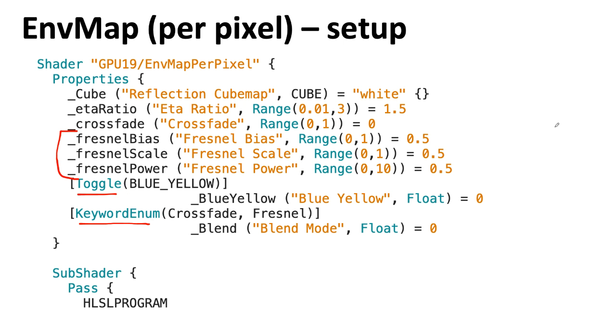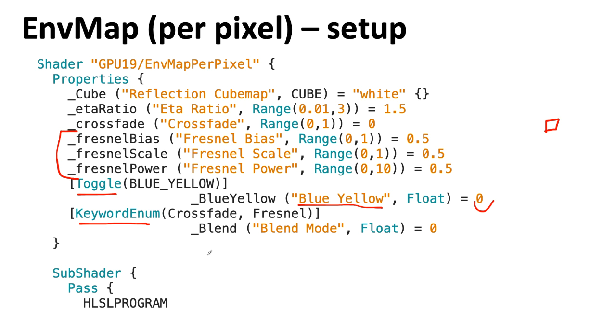So toggle will actually create a little checkmark box that will be filled with either 0 or 1. Here it defaults to being unchecked. And this is what I'm going to use to select a certain diagnostic mode that ignores all of the cube lookups and just replaces them with the colors blue and yellow. This will give us a way to visualize the Fresnel reflect coefficient calculation.